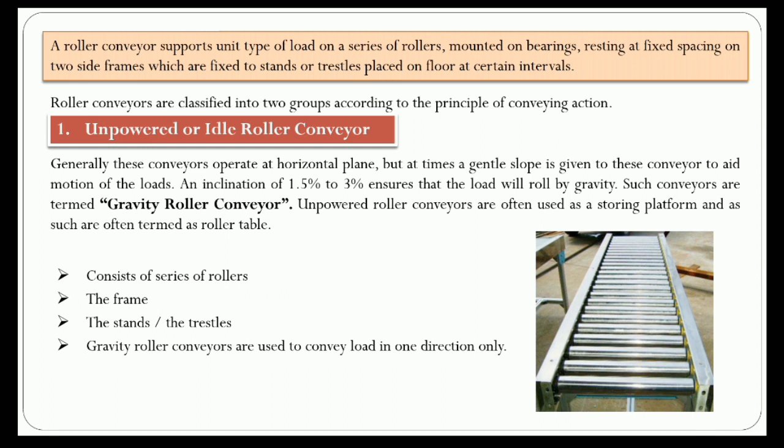In that case we sometimes give a slight inclination angle of around 1.5% to 3% to ensure that the load will roll automatically by gravity. That's why this type of unpowered or idle roller conveyor is also known as gravity roller conveyor.